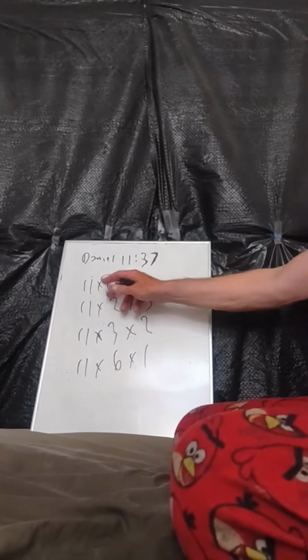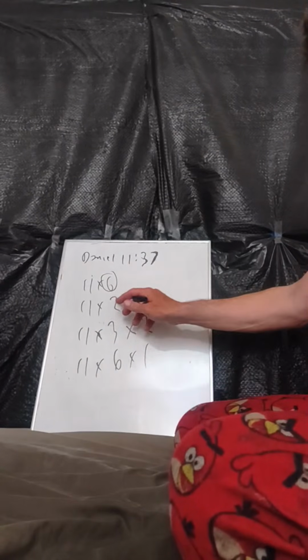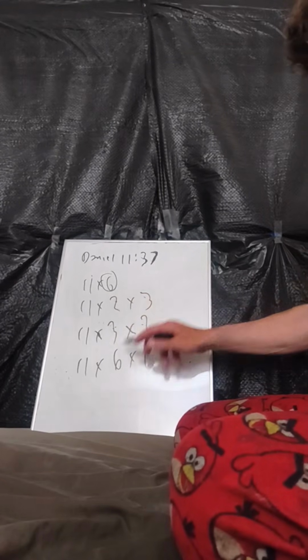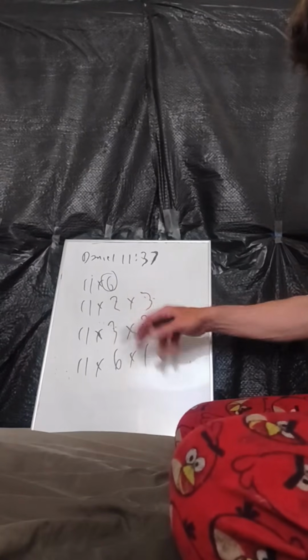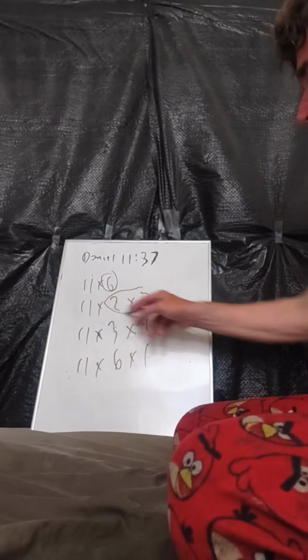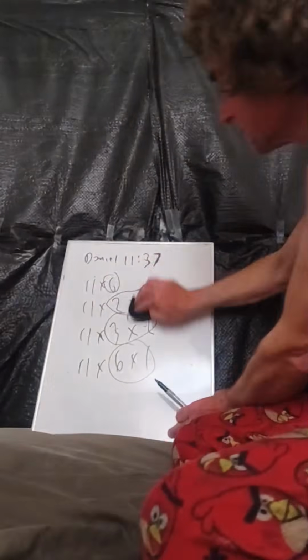There's 3 ways of making a 6 out of 1, 2, 3, and 6. The 6 can be 2 times 3, 3 times 2, or 6 times 1. And this way it's 2, 3, 6, and this way it's 1, 2, 3, but the numbers are going in inverse order from each other. So 6 times 1 is 6, 3 times 2 is 6, and 2 times 3 is 6. So there's 3 ways of getting the 6, which is interesting, but not that important.